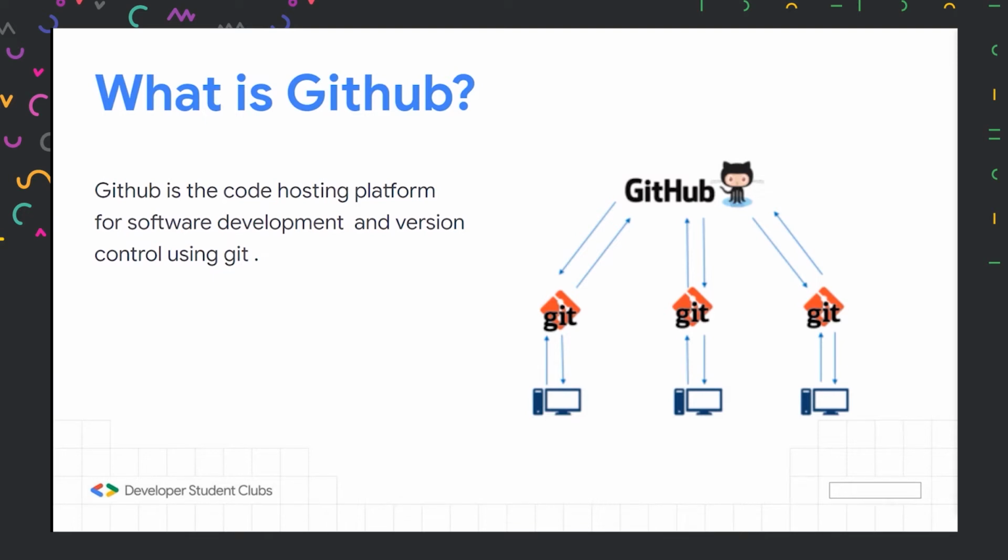So yes, let us consider the old situation again. You are working on a project and you have two friends this time who are working along with you on a project. So obviously you will be using Git to maintain versions of your code, and then this version of your code is uploaded to GitHub, so that your friend who is very far away from you, and it is impossible for you to create a local network with him, or take your pen drive and go to him to see what the changes are between your code and your friend's code.